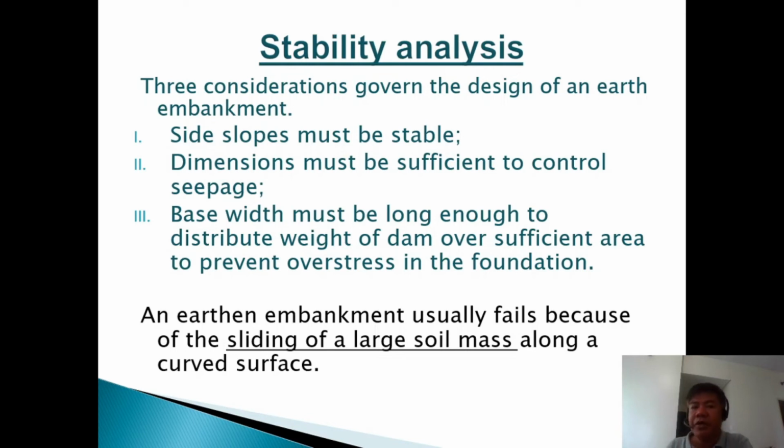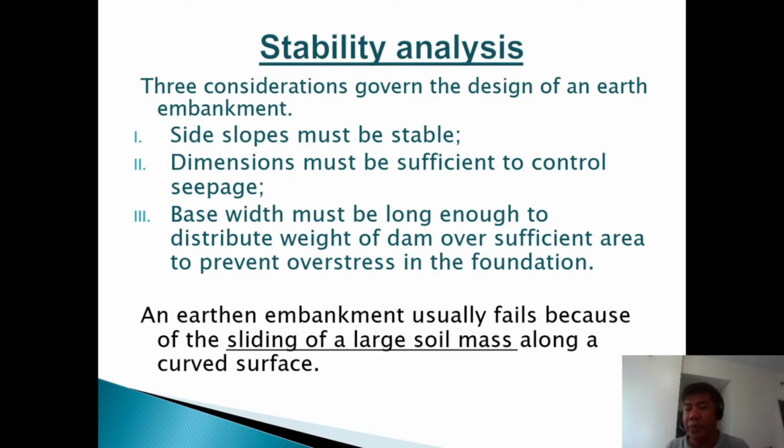The first thing to be considered is that the side slopes must be stable. That's why we use the term slope stability analysis, because you have to make sure that the side slopes are all stable.